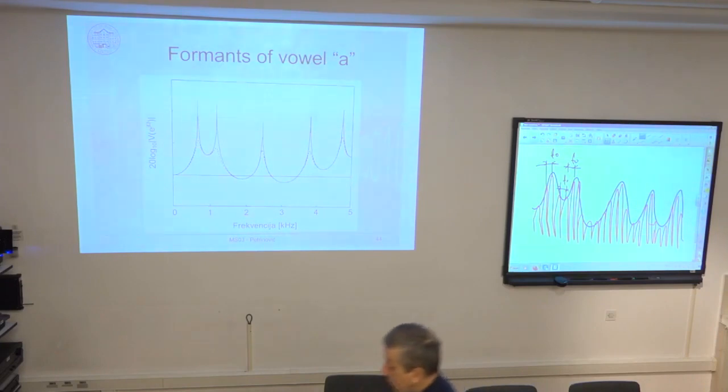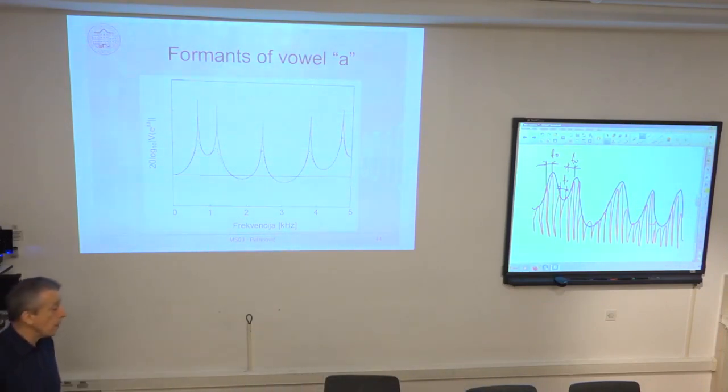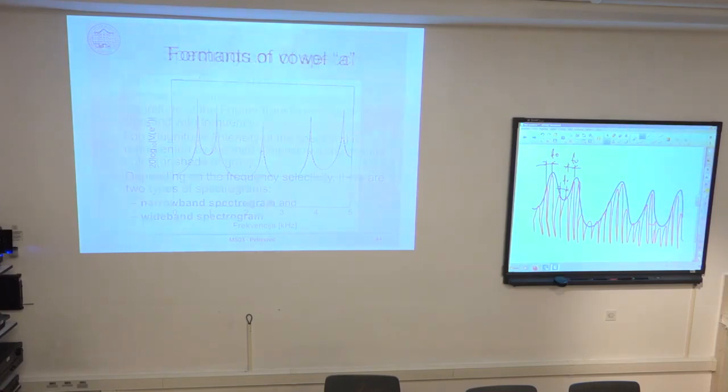And that depends on the sound that you are producing. So if it's sound R, then it is this set of frequencies that are amplified. If it is A, another set of frequencies, okay?